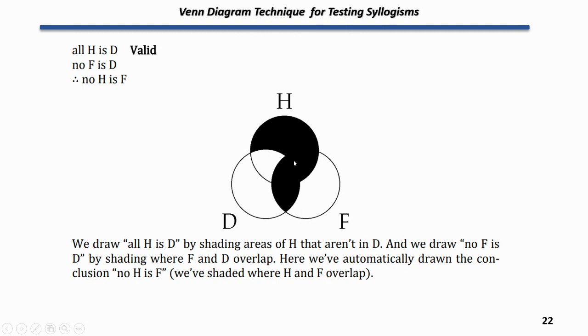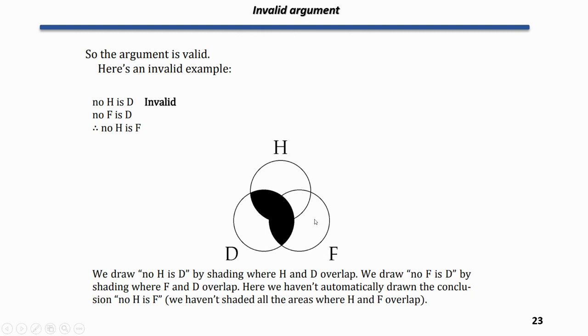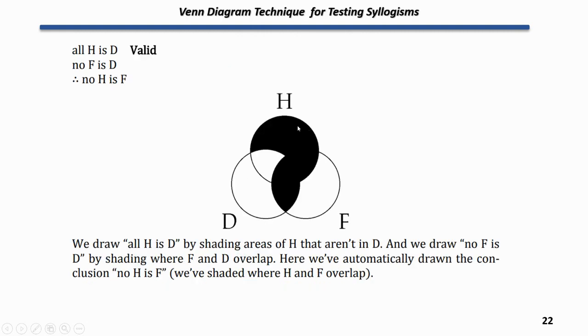So these two are related. We're trying to draw some conclusion based on the relationship of H and F. If you look closely, you can see that between H and F this portion is shaded.